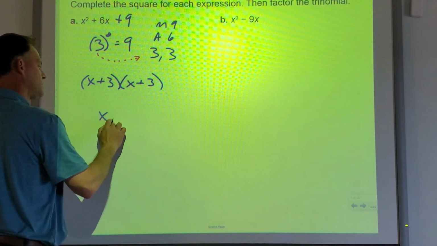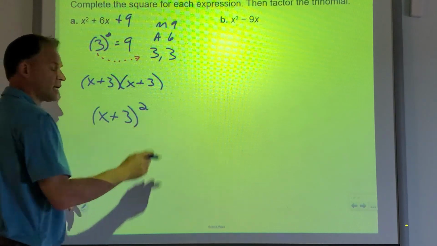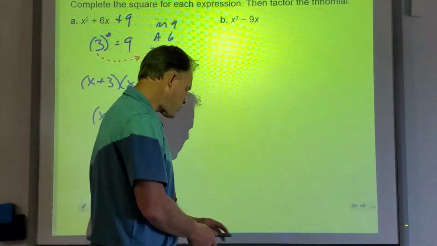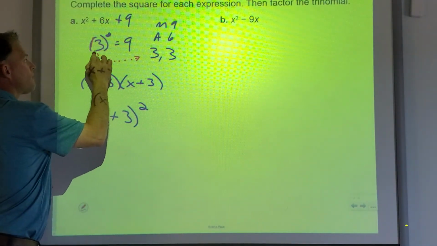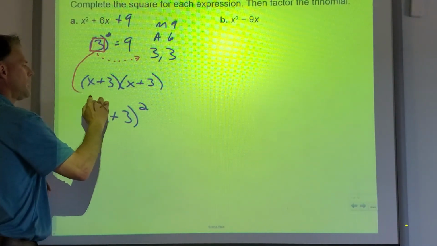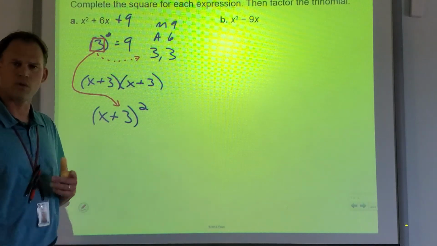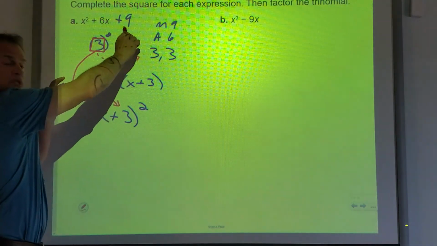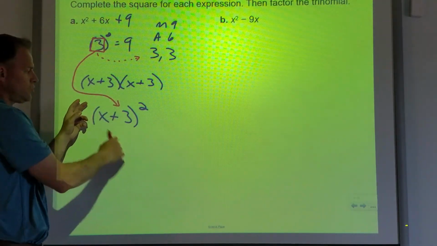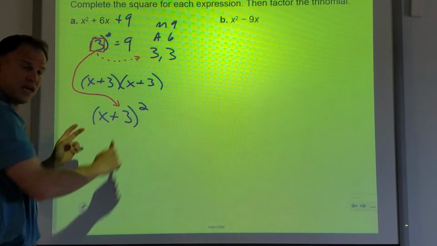Which is the same as x plus 3 squared. So if I want to factor one of these bad boys, when I do the complete the square step, whatever that half was, I'm just going to use it right there. So that half number that we squared to complete is also going to be the same thing.